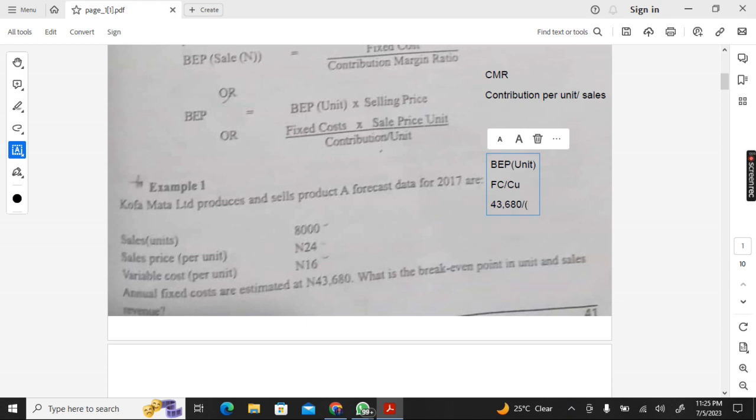Contribution per unit is sales price minus variable cost, that is 24 minus 16, which is 8. So 43,680 divided by 8. Where is my calculator?